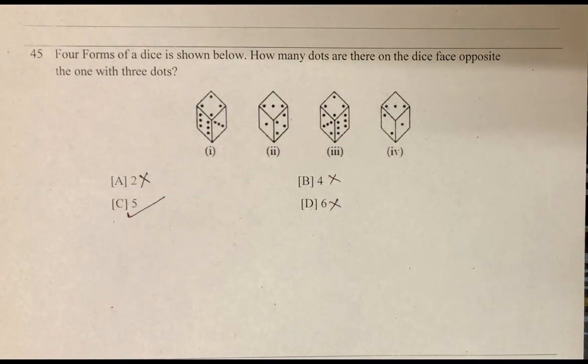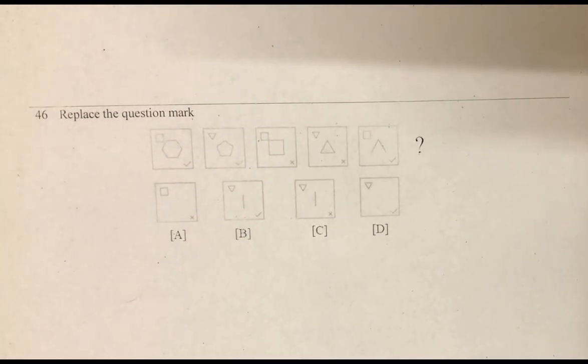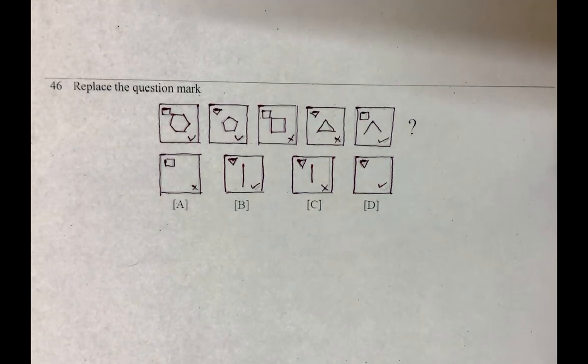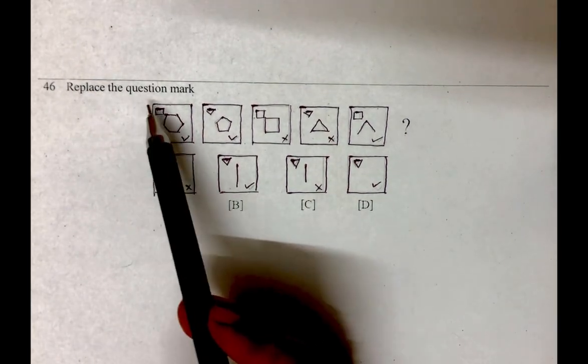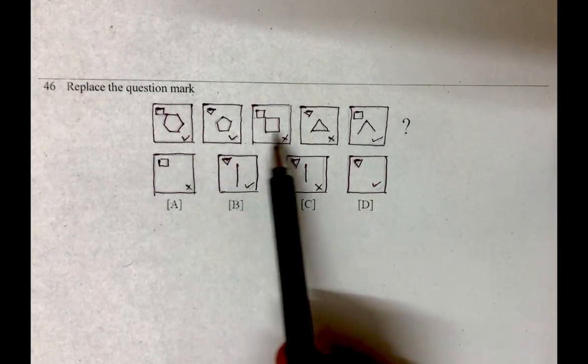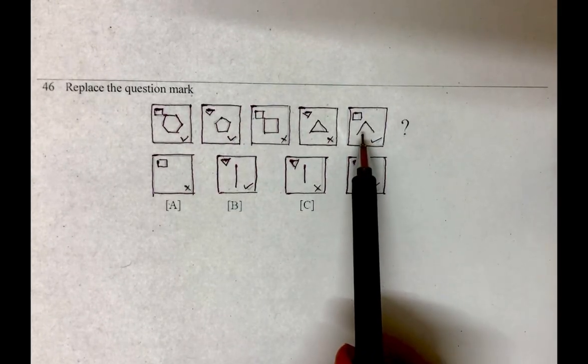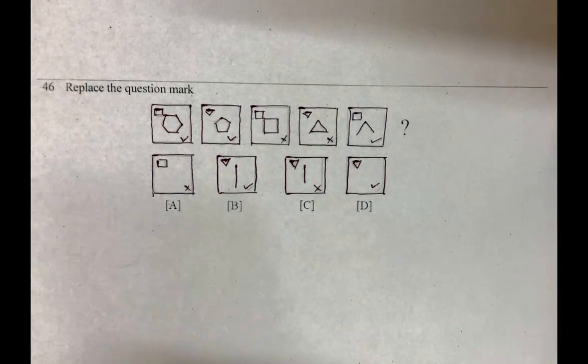Now look at question number 46. It says replace the question mark. We are given these 5 figures, and we have to replace this question mark. We have to choose from these 4 options.